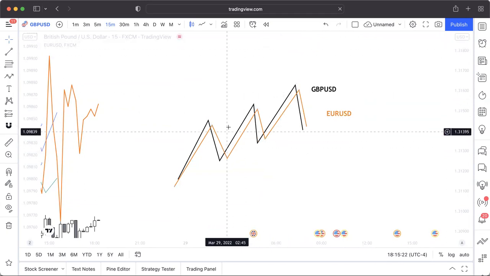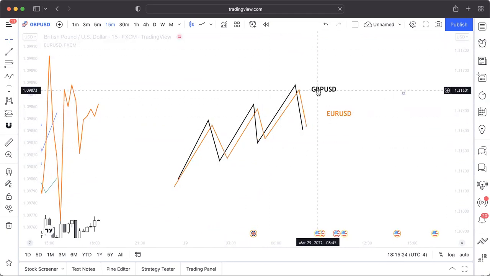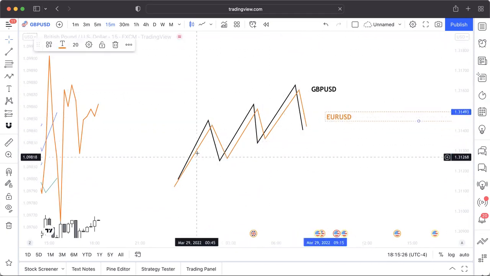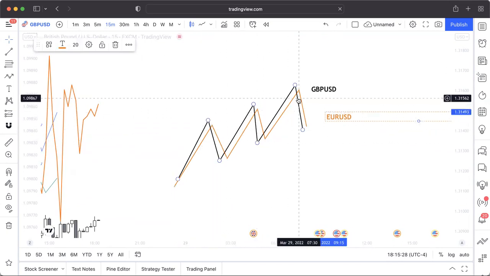So this is what you typically would see on GU and EU, both of them moving in the same direction.